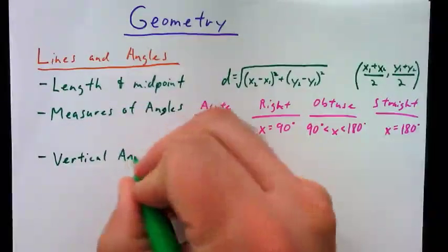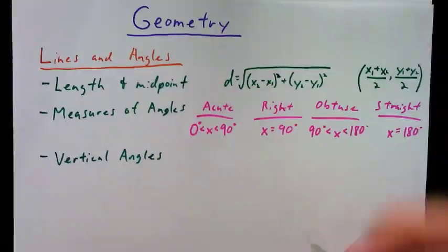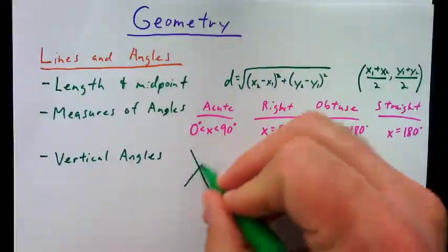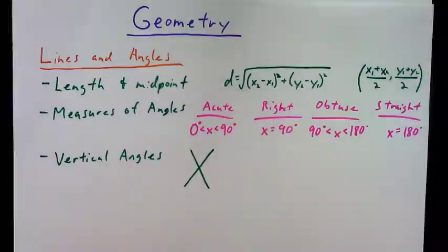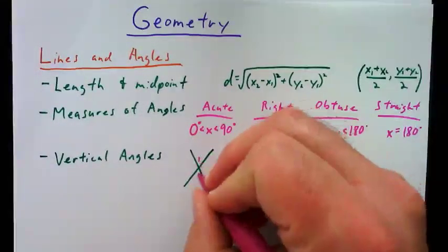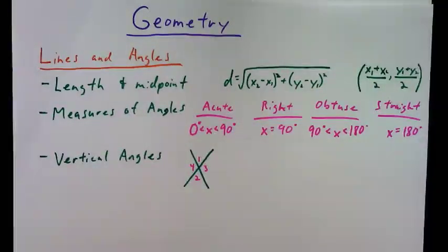Vertical angles. So if I drew two lines intersecting, and I label these as angles 1, 2, 3, and 4, what angles could I call vertical angles here?